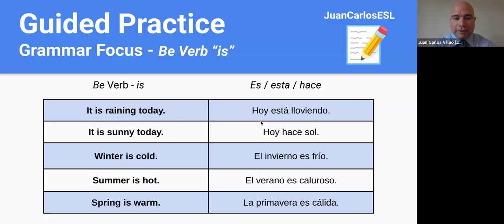Entonces sí hay un poco de diferencias, pero básicamente dice el mismo mensaje. You'll see some similarities and differences between English and Spanish, but at the end of the day, it is the same message.